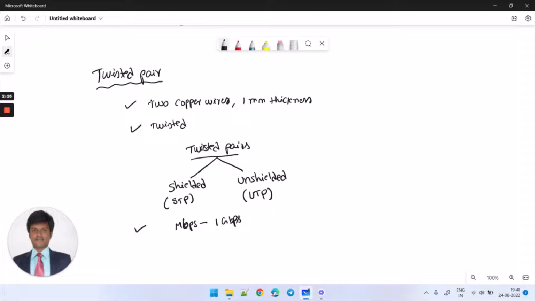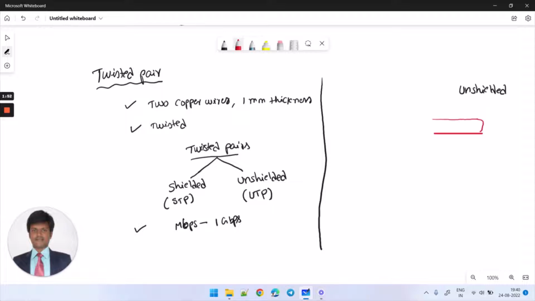The difference between the shielded twisted pair and unshielded is pictorial. I will draw a picture. Assume this is unshielded. This is the outer plastic covering.